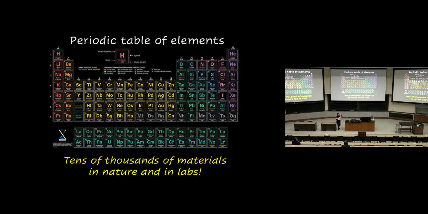The purpose is really just to show you that there are lots of materials, because it's not just these elements. All different kinds of combinations of these elements can lead to different materials that can have very different properties.